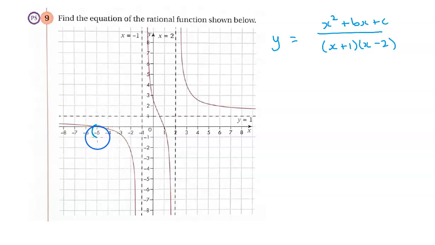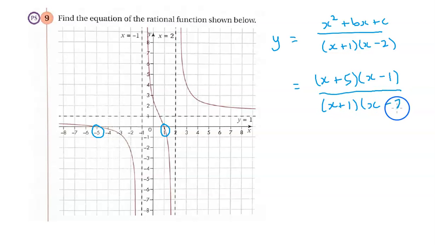I think we're allowed to say one of the x-intercepts is −5 and the other one is 1. So clearly it's just going to be (x + 5)(x − 1) on the top there, divided by (x + 1)(x − 2). And we're done.